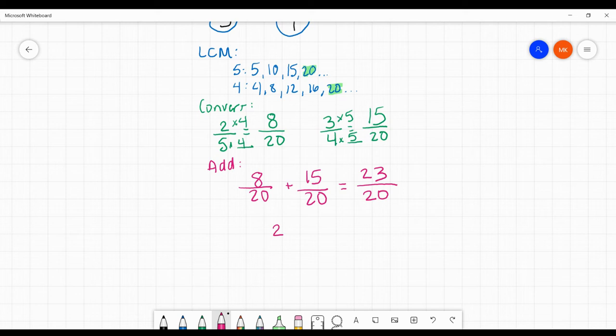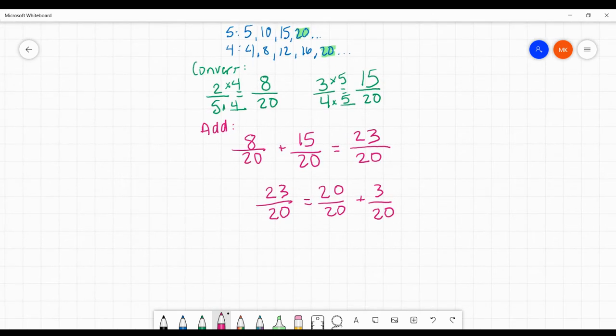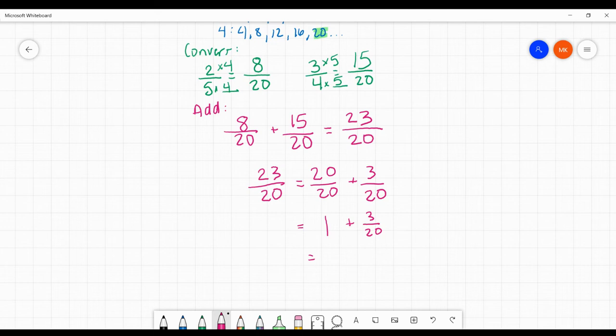So to do that, I can break it apart into 20 over 20 plus 3 over 20. The reason I break it apart like this is because 20 over 20 is 1 whole. So I now have 1 whole plus 3/20, giving me a final answer of 1 and 3 over 20.